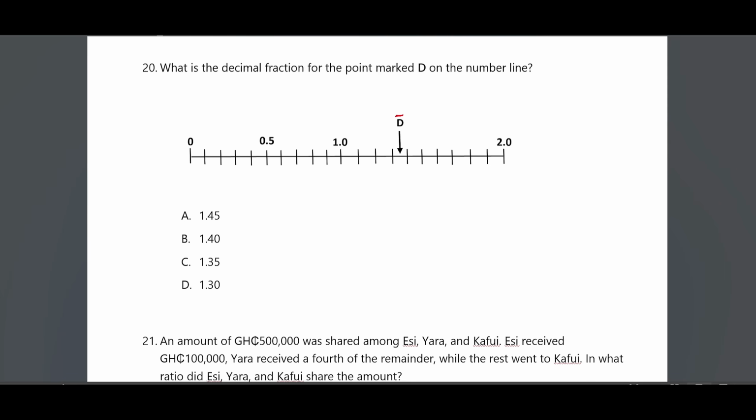So here we have 0, 0.5, 1, on and on up to 2.0. From 0 to 0.5, what does each point scale in between stand for? From 0, here will be 0.1, here will be 0.2, 0.3, 0.4, and then 0.5.